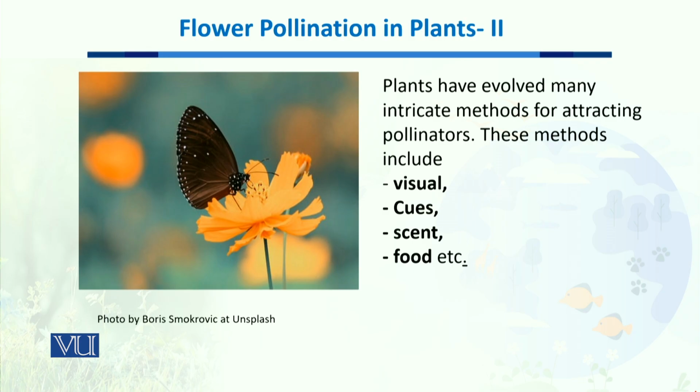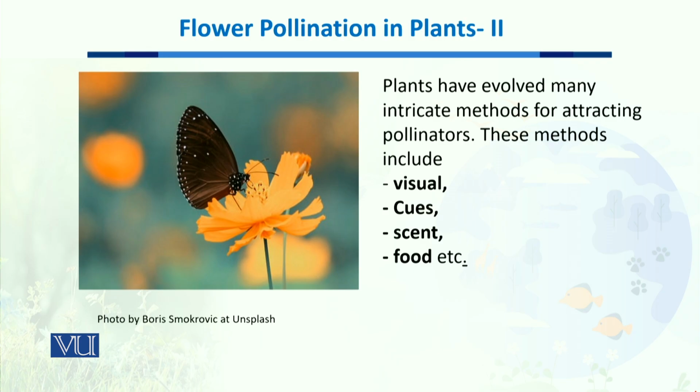For example, colored petals, which act as a visual attractant, and certain chemicals or scents, which also attract many pollinators, as well as different sources of food for those pollinators, developed by these flowering plants.